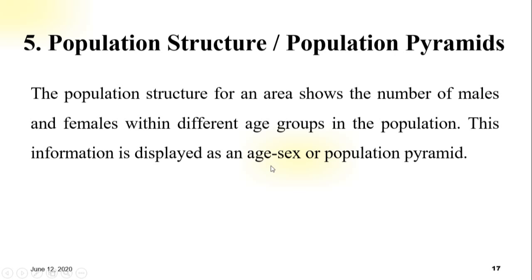This information is displayed as a population pyramid. As I told you, it means the shape of a pyramid: the top is small and the bottom is big, like a triangle.